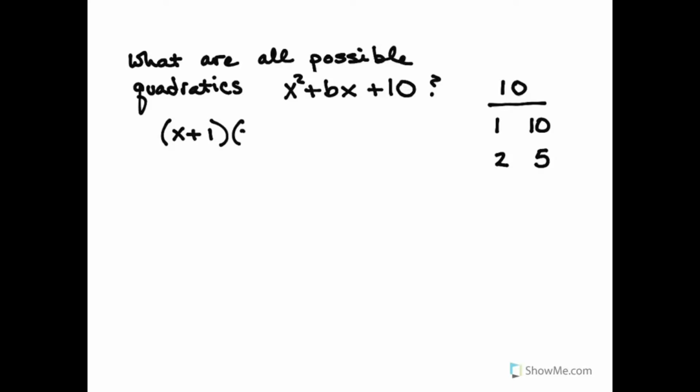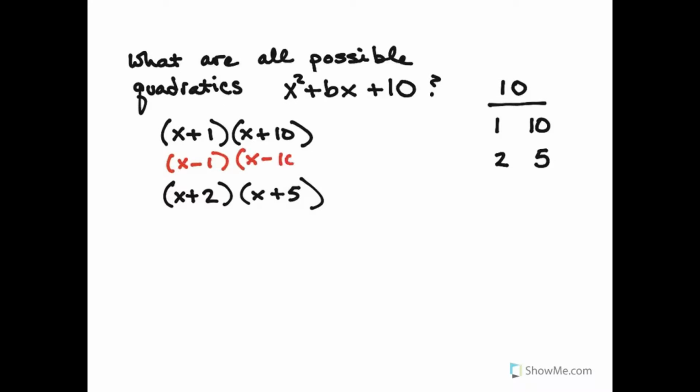It either comes from x plus 1 times x plus 10, or it comes from x plus 2 times x plus 5. Those two will give me a positive middle term. I could also have x minus 1 times x minus 10 and x minus 2 times x minus 5. They're just going to have the opposite middle term.